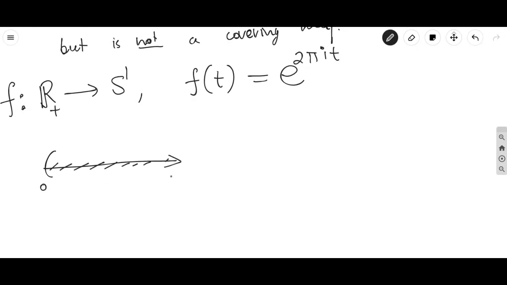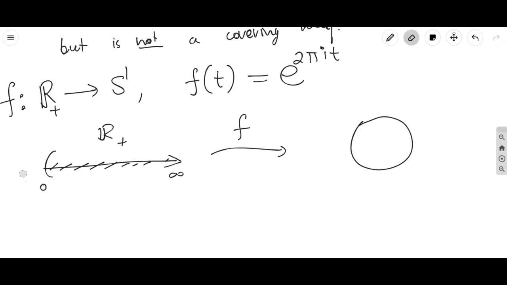This is 0, this is infinity, so this is R plus. And you're mapping this to the unit circle. And the problem will occur at 0. So f of 0 is supposed to go to e to the 0. It's supposed to go to 1. So this is 1, this is 1 plus 0i. That's where the problem will occur.